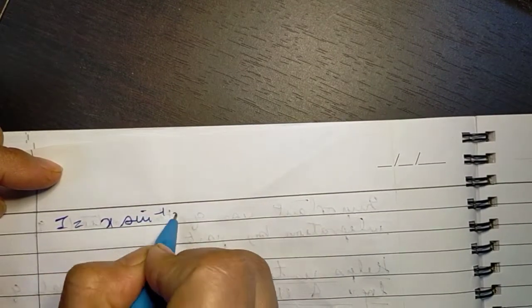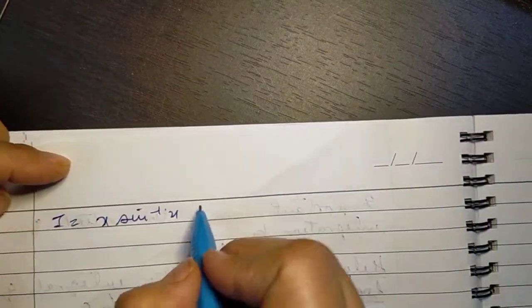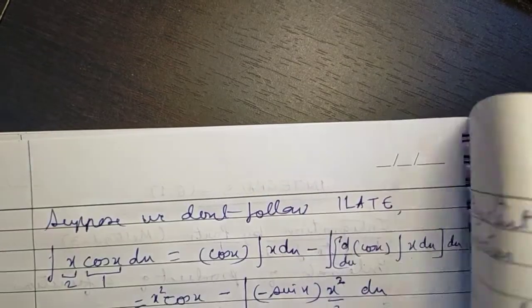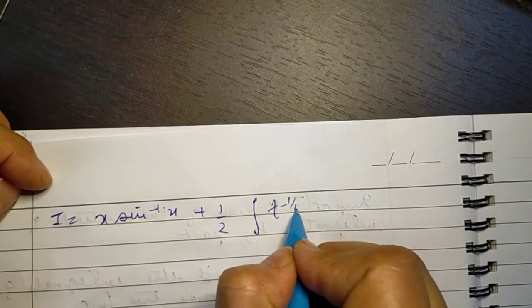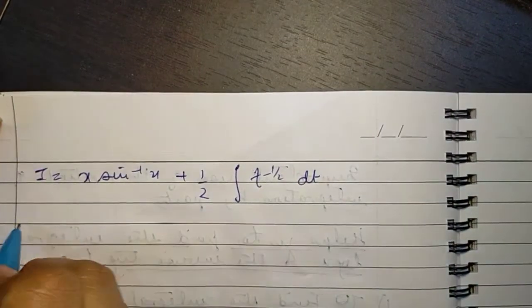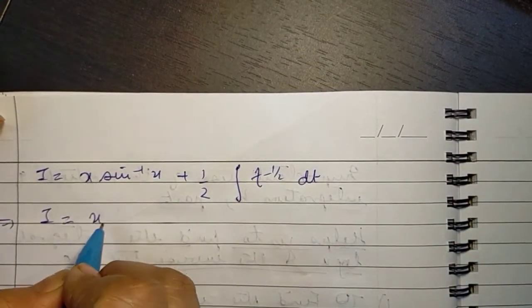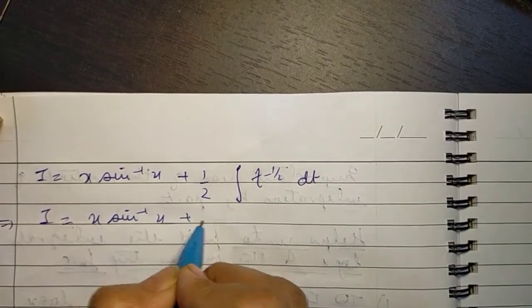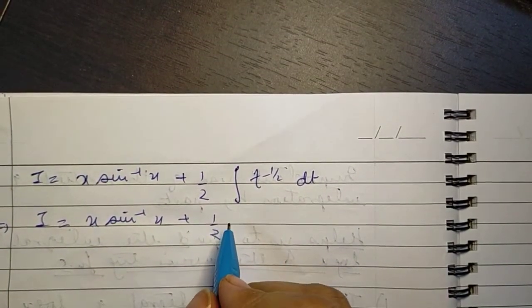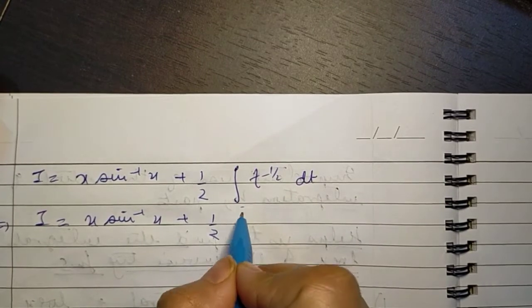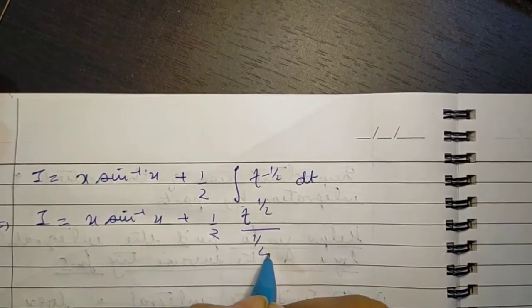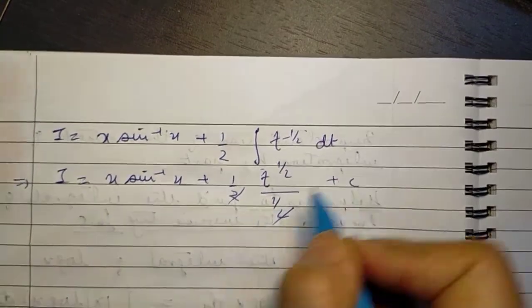We get I as x sine inverse x, minus of minus is plus half, and then we have t raised to minus half into dt, and this gives us I is equal to x sine inverse x plus half into, now the integral of this will be t raised to half upon half, this gets cancelled, plus a constant c.